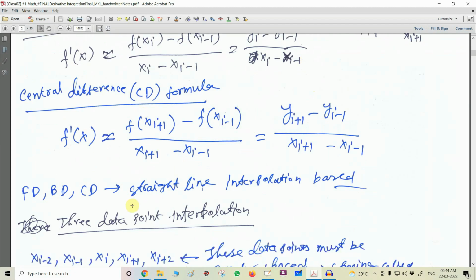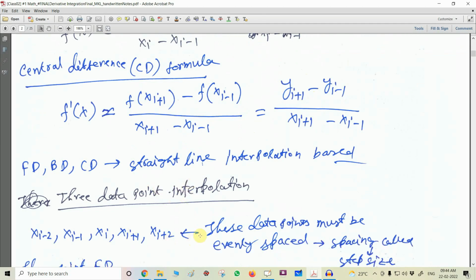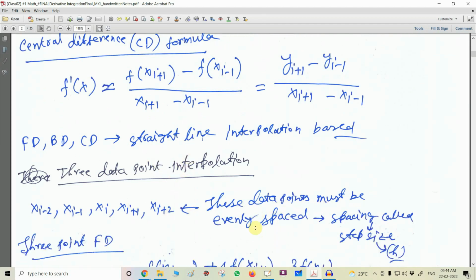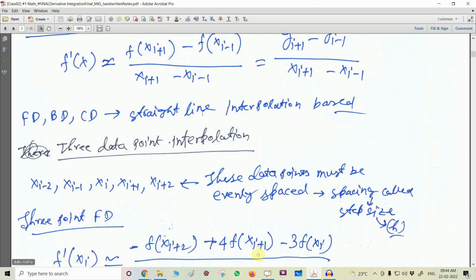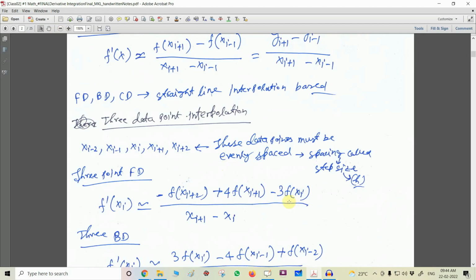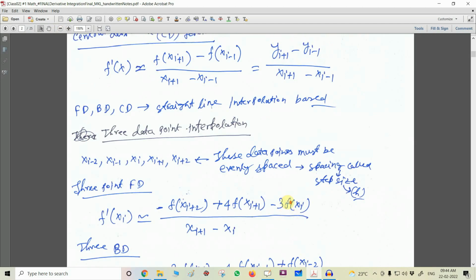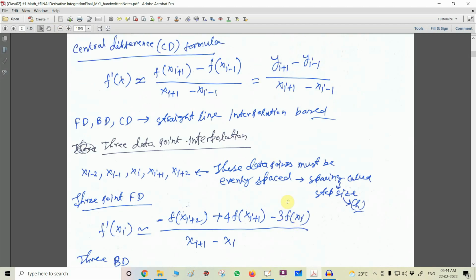Now for the 3 data point interpolation, these data points must be evenly spaced, and the spacing is called the step size. So the 3-point forward difference you can write this way. Write this down.